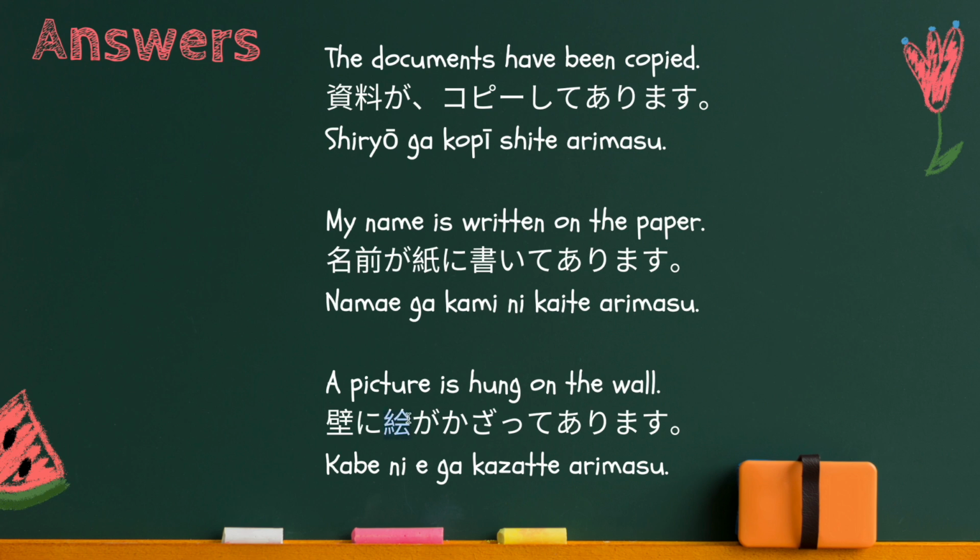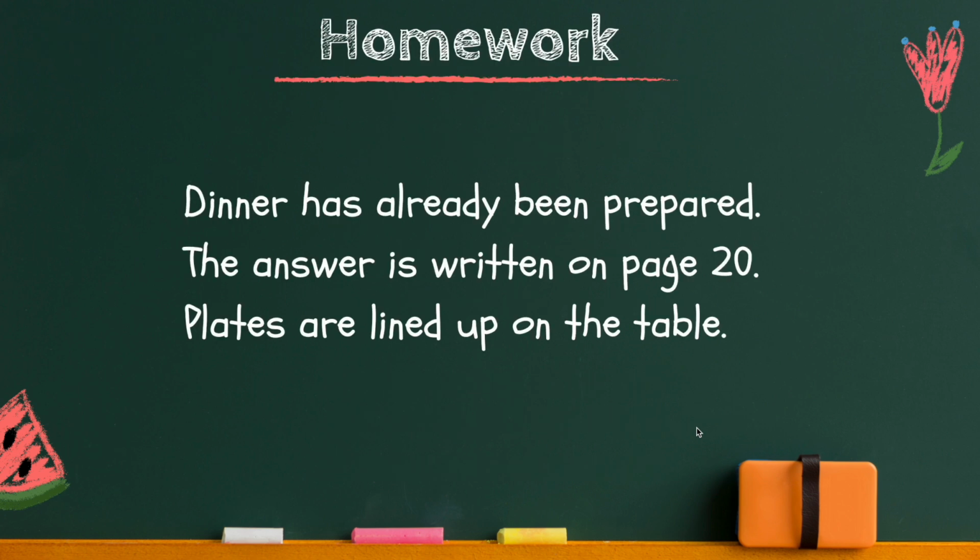That's why object が particle and て form plus あります。Now I will read the sentences, so please repeat after me. 資料がコピーしてあります。名前が紙に書いてあります。壁に絵が飾ってあります。Very good job.